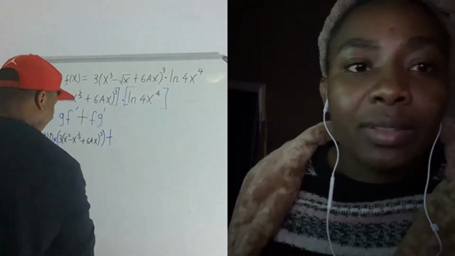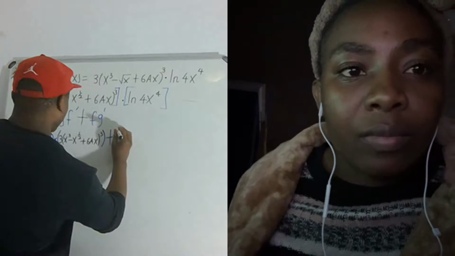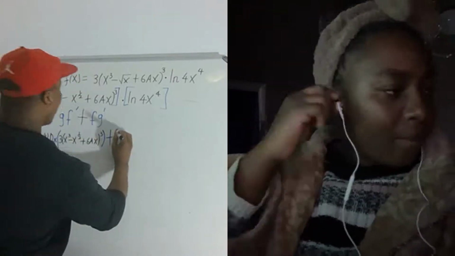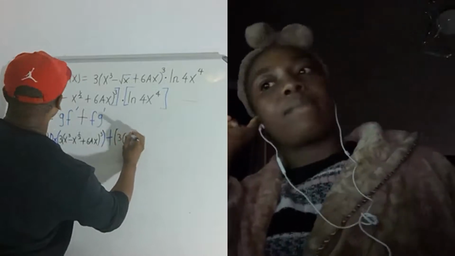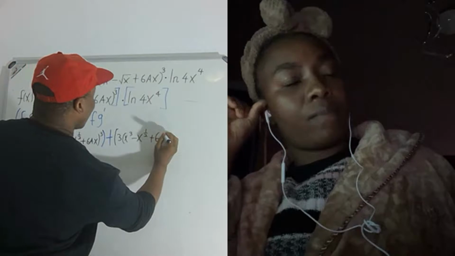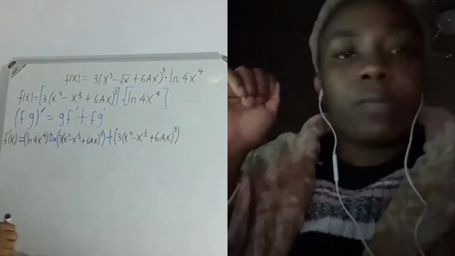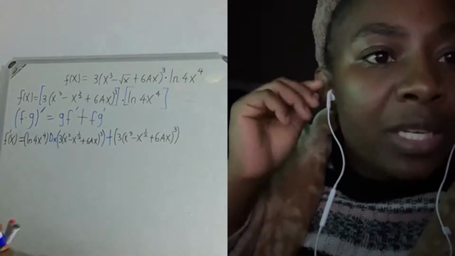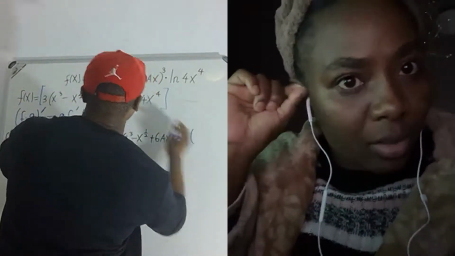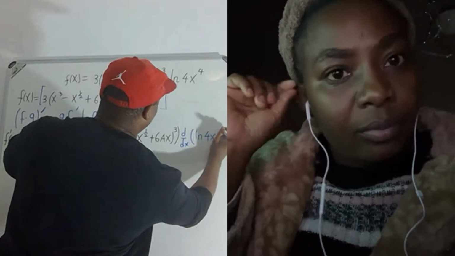So now we're going to put the second one as it is, which is going to be 3x cubed minus x to the power 1 over 2 plus 6a x power 3. And then we differentiate that, which is ln of x power 4.